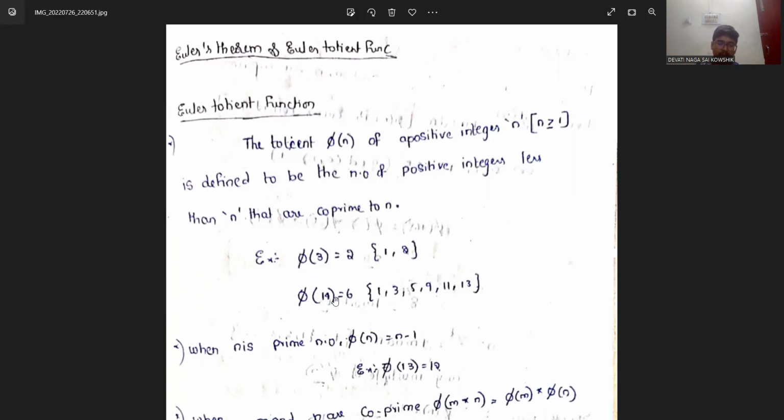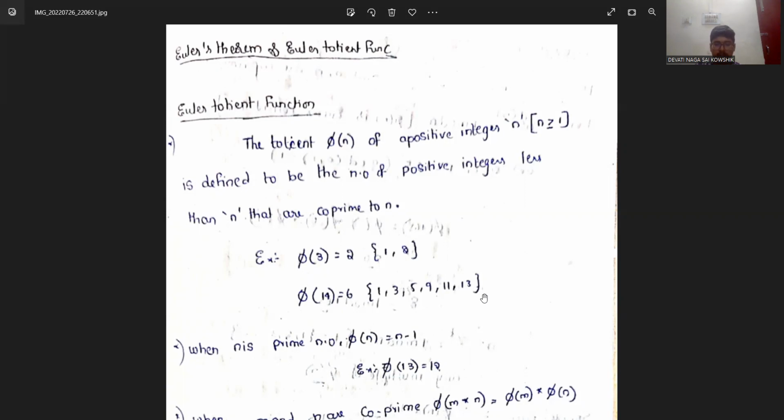When you keep on checking, you will see that 1, 3, 5, 9, 11, 13 are co-prime to 14. So the answer is 6.